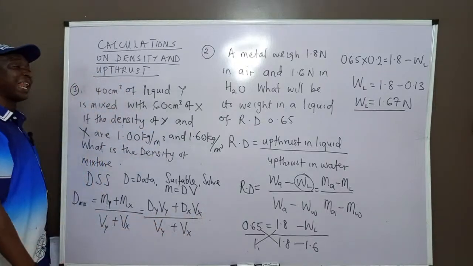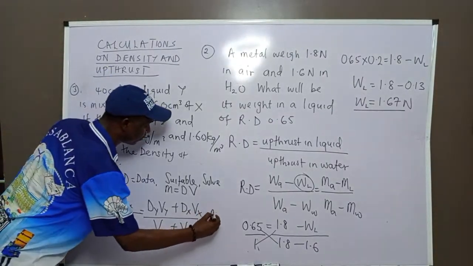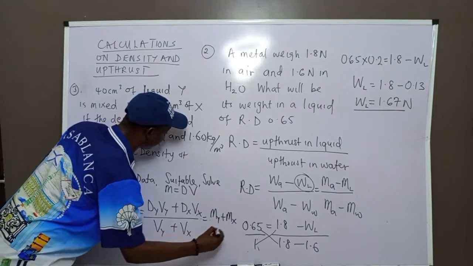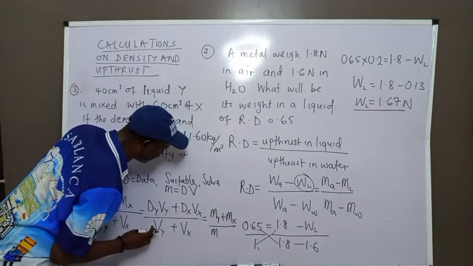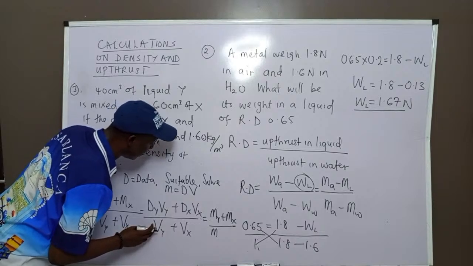If maybe we are given only mass, if it's talking about alloy, that means it's talking about a solid body. Most likely it will be mass of Y plus mass of X over mass. Density is equal to mass over volume, so volume is equal to mass over density.